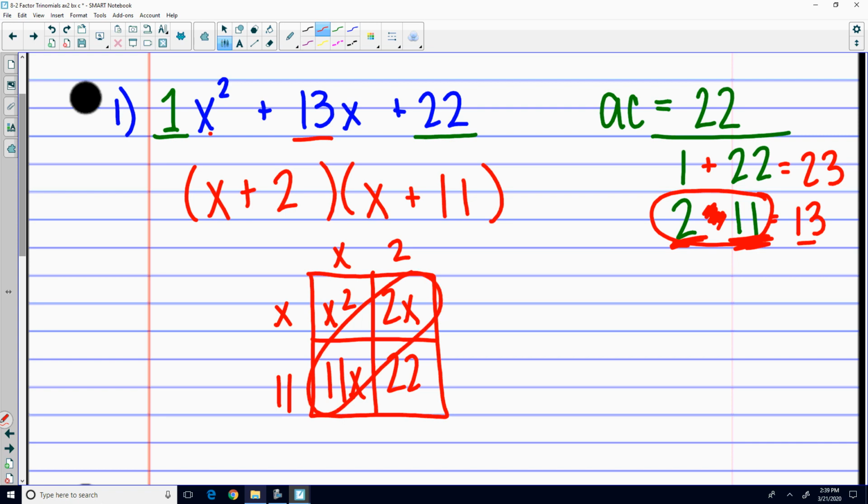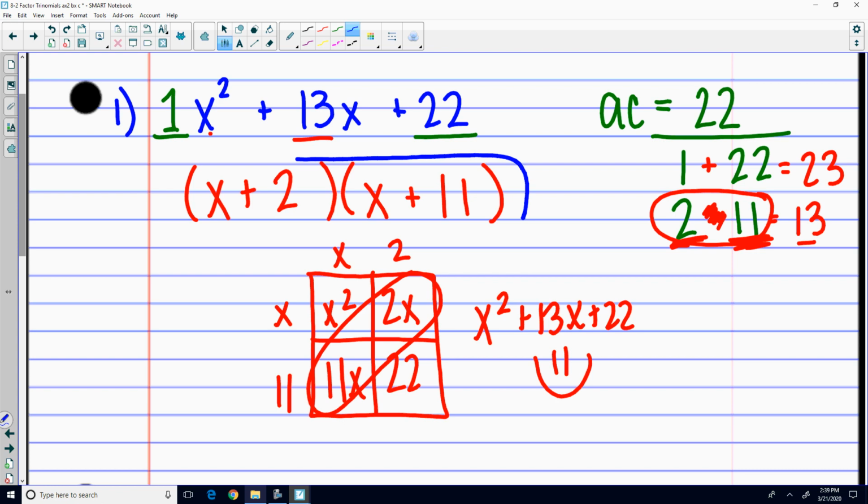These terms are the same, remember, so I have x squared, 13x, and 22. That is the correct answer. So the answer you would write for this problem is x plus 2 times x plus 11. Pause it at any point in time.